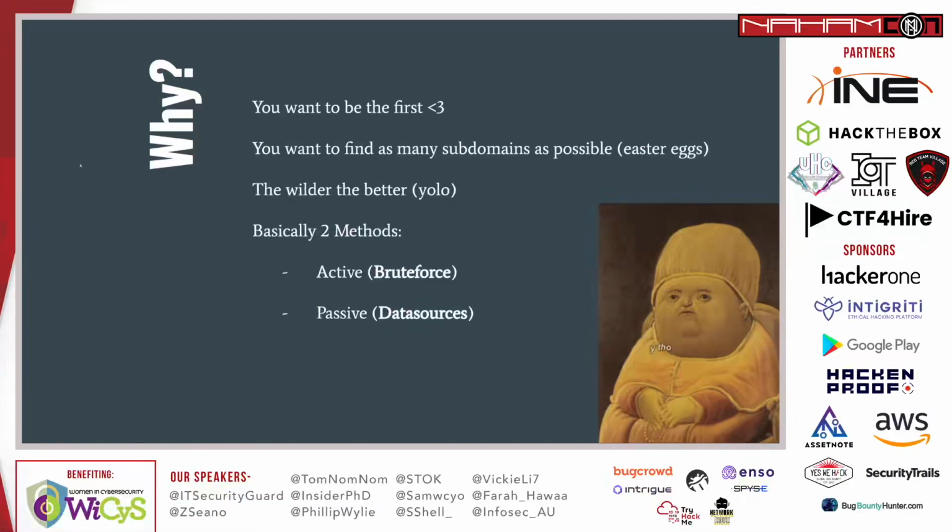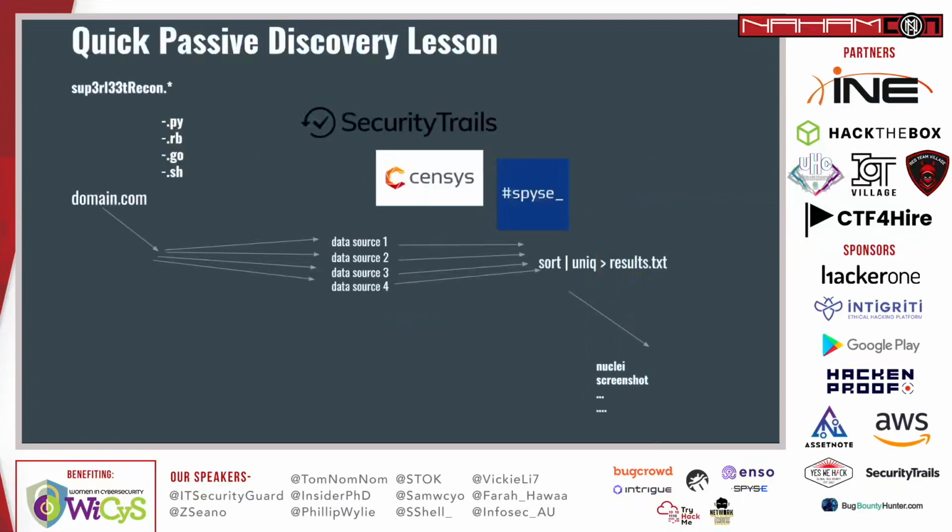So let me quickly explain to you what passive discovery is or how it works. Usually you have companies like Security Trails, Census, and Spyse who collect data from companies day in and day out. They store them all and they provide them to big corporations.